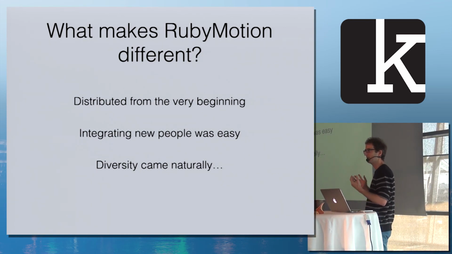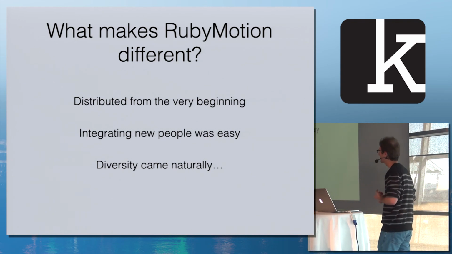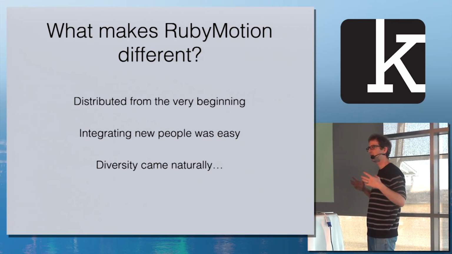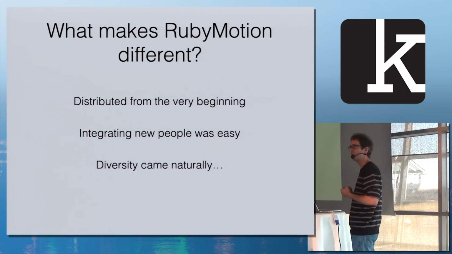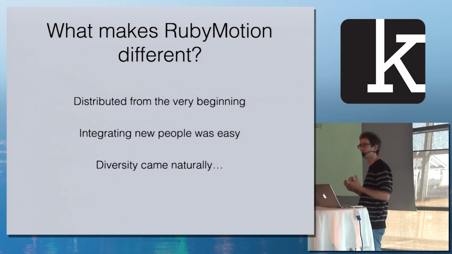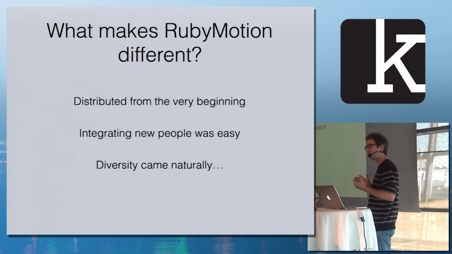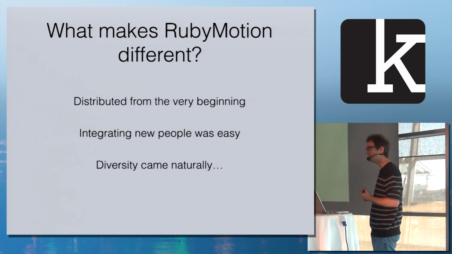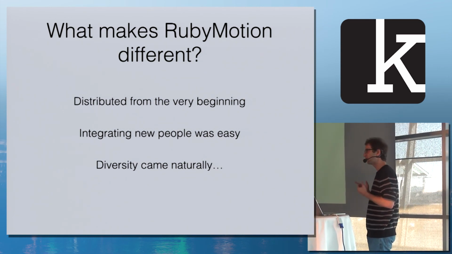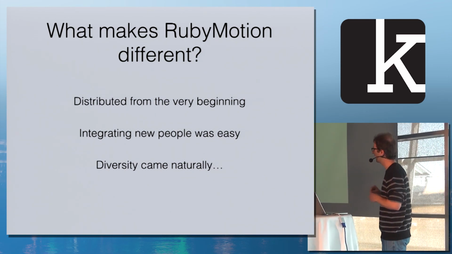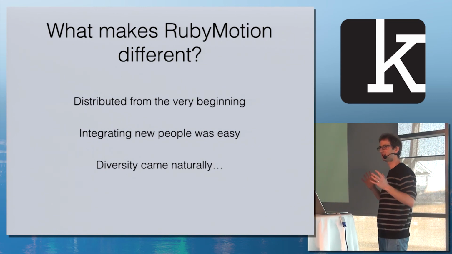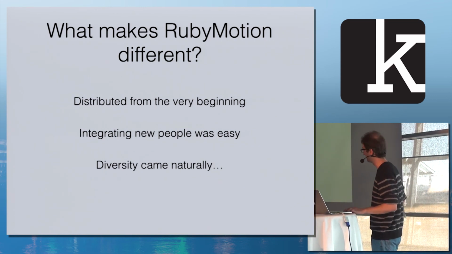And it wasn't really even a second thought. And what we found is that by being so accepting of anybody who wanted to come and submit a patch or ask a question, without even trying, we ended up with a really, really diverse community. Our first conference was this amazing display of programming community diversity.